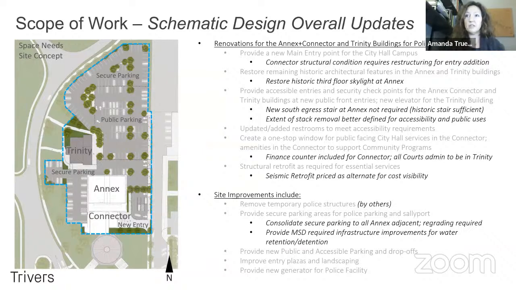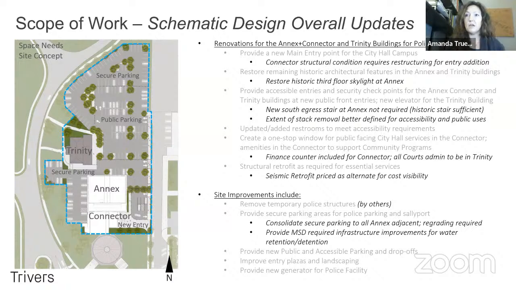We also learned during our study that previously we thought we were going to have to needle in another egress stair. So we've got the historic stair at the annex. We needed definitely a new north stair to make the program work. We also thought we were going to have to put in a second new stair into the annex at the south side. Upon further code review, we've learned that we are able to meet all the egress requirements without that additional stair.